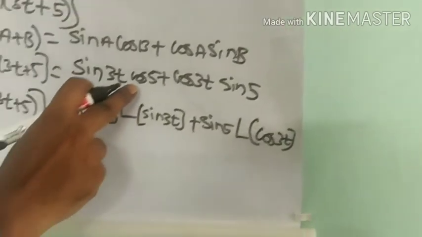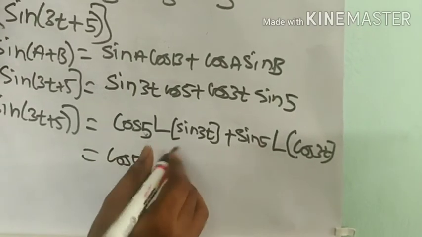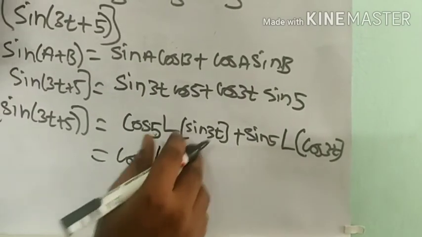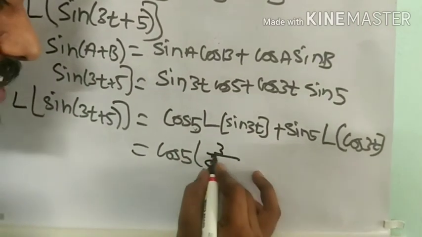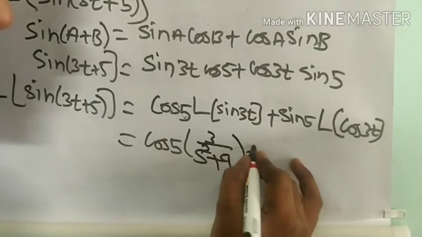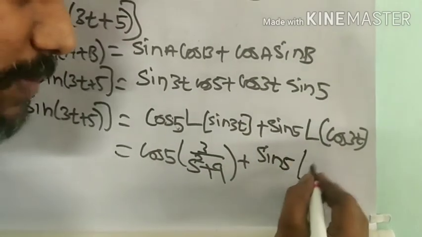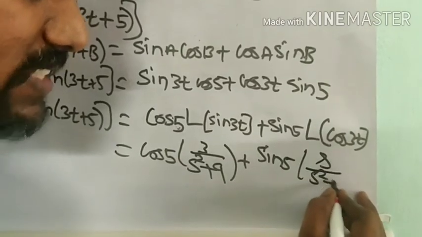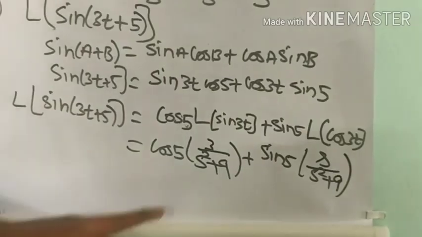Constants you take outside. Now you know the formula for Laplace of sin at is a by s square plus a square. What is a? 3. So 3 by s square plus 9. Similarly, sin 5 into Laplace of cos, which is s by s square plus a square, with a as 3, so 9. So this is your answer.